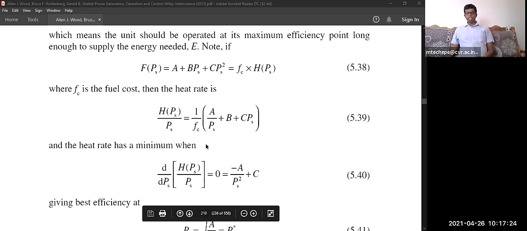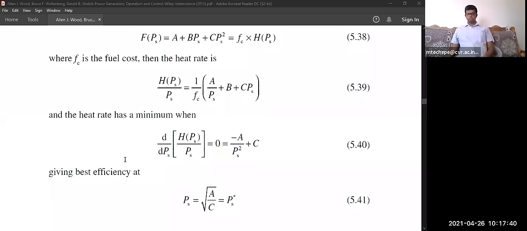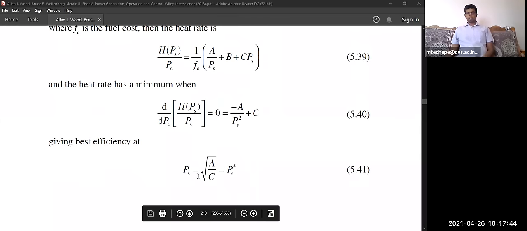While differentiating h of Ps divided by Ps, we finally get minus a divided by Ps squared plus c, which gives the best efficiency at Ps equal to root of a divided by c.